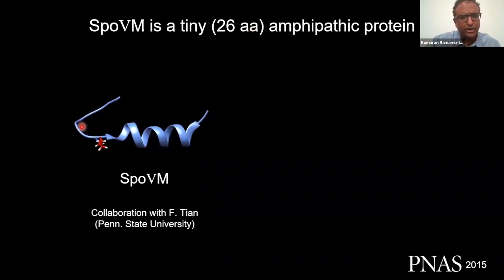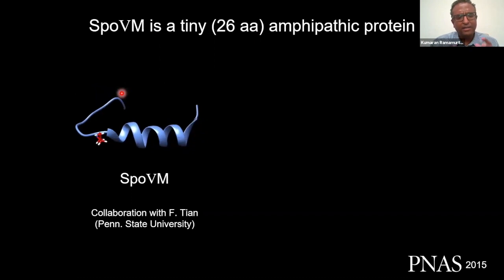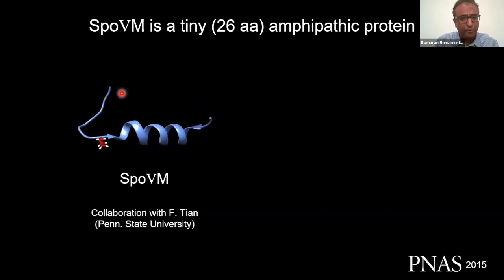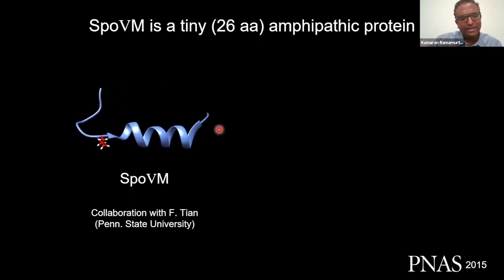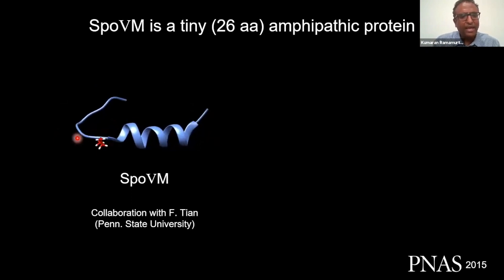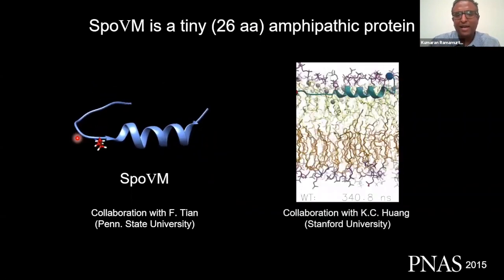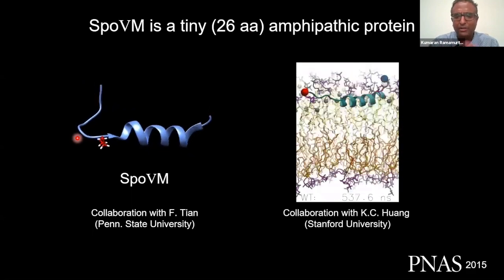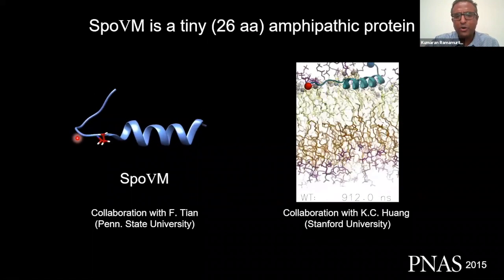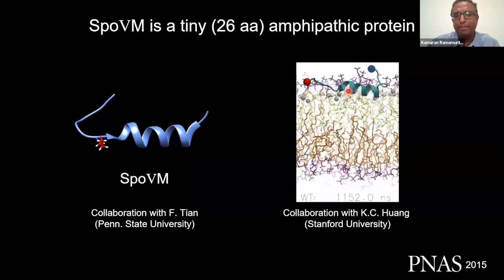What I'm showing you here is the structure of this protein that was solved in collaboration with Fang Tian's lab at Penn State University using a technique called nuclear magnetic resonance. But the point here is that this is the structure of this protein as it resides inside a membrane. And the orientation of this protein in the membrane is shown on the right-hand side. So this is an all-atom molecular dynamics simulation of this protein sitting in a membrane bilayer.